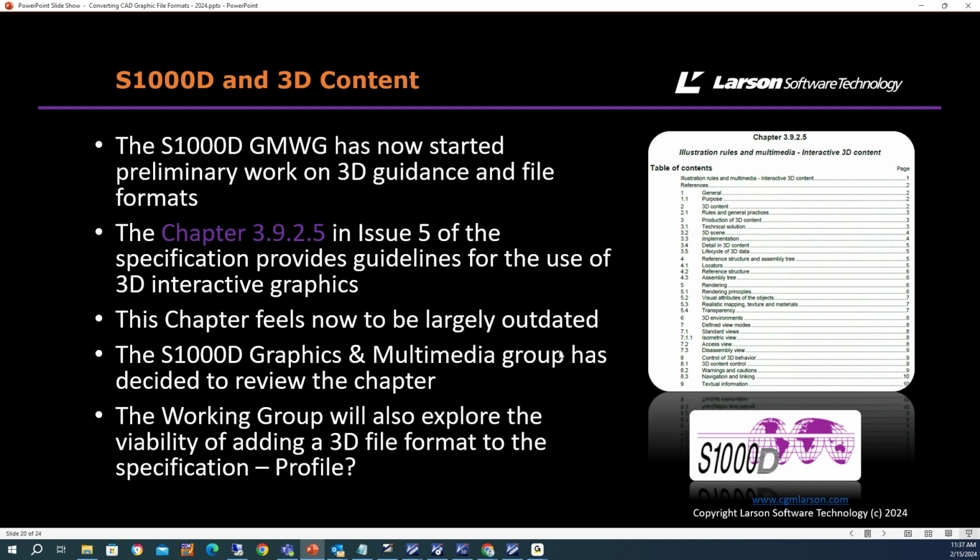So a quick comment, just to end this particular part, is that the S1000D Graphics and Multimedia Working Group have, on the completion of SVG, now moved on to 3D guidance and file formats. There is a chapter already in the spec, but I think that's due for revision, and the working group probably will do that.